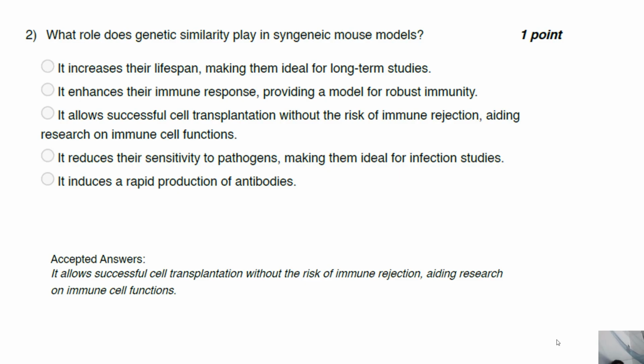Option D, reduces sensitivity to pathogens, is again not true because many inbred mice are actually more susceptible to certain infections. Option E, induces rapid antibody production, is again not correct because antibody production depends on immune activation, not genetic similarity per se. Okay.